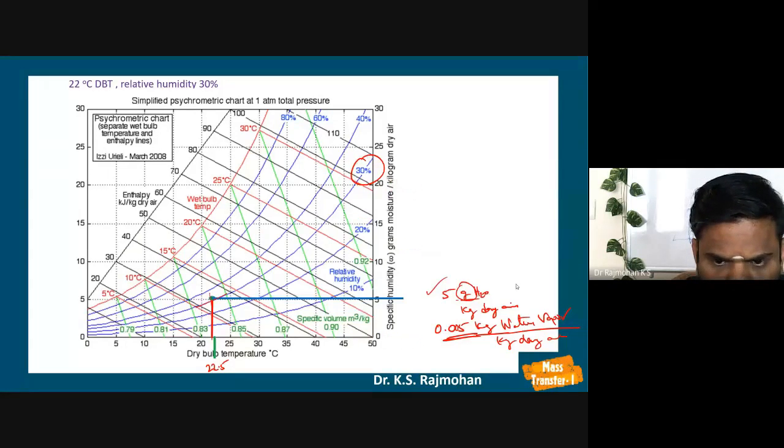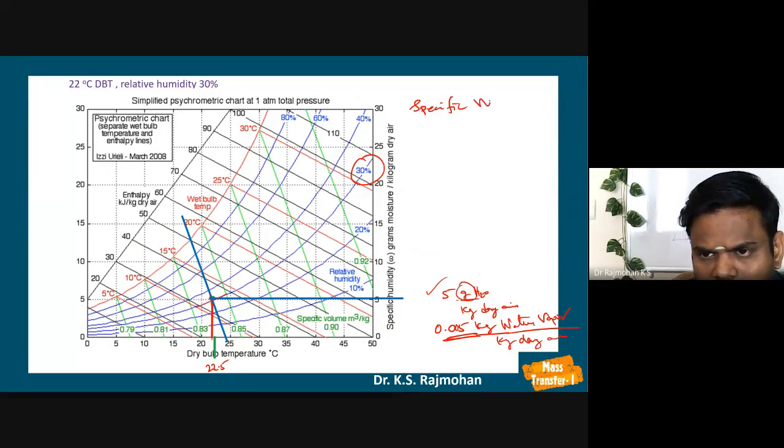Okay, so next we can get the specific volume. So how to get specific volume? On the specific volume lines, this is 0.83 and this is 0.85, so half of it is somewhere here, right? So it is slightly greater than 0.83.